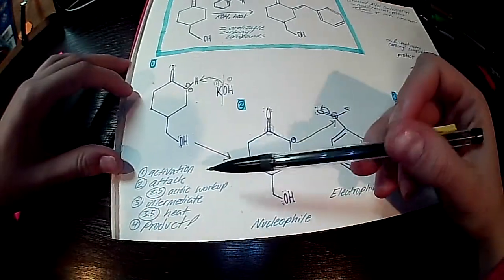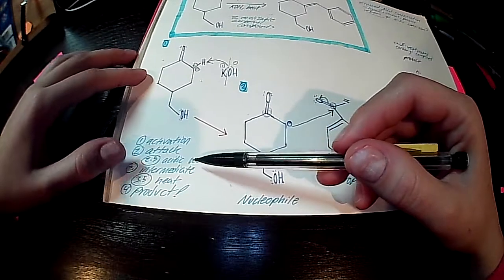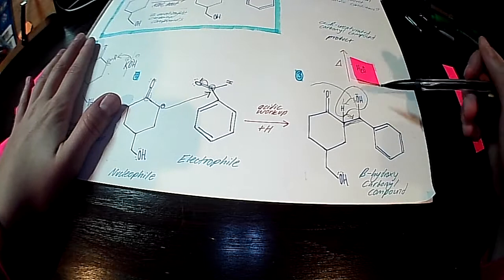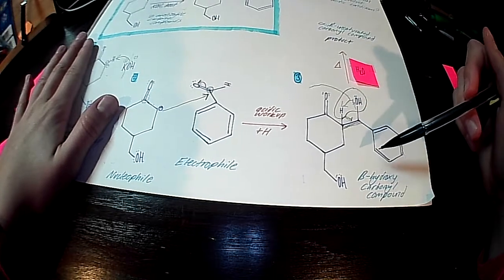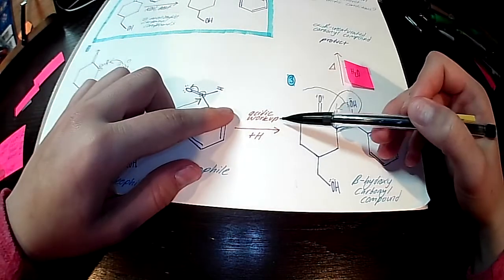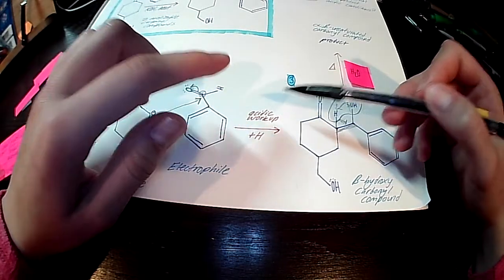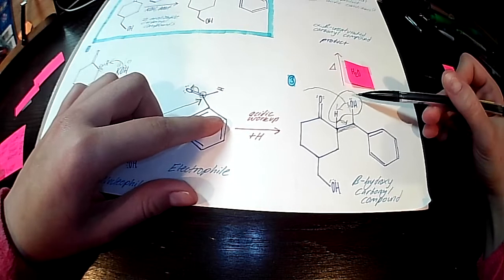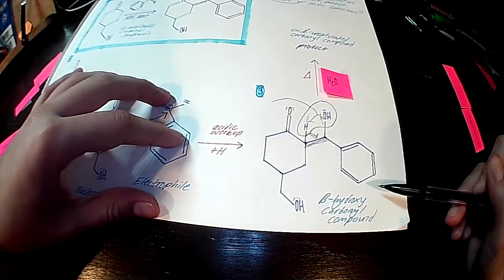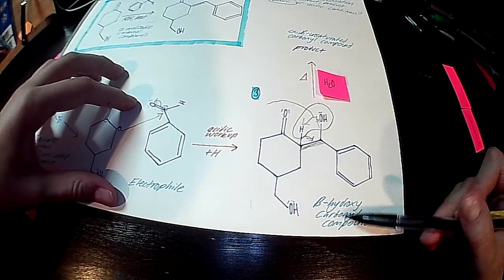Then we have this halfway step where we have our intermediate, and the intermediate undergoes an acidic workup. Because of the acidic workup, we're adding that hydrogen here, which is our beta hydroxy. So we formed this beta hydroxy carbonyl compound.